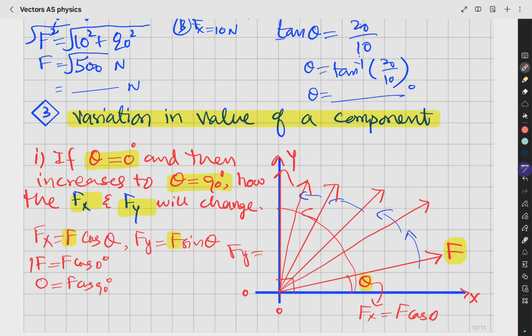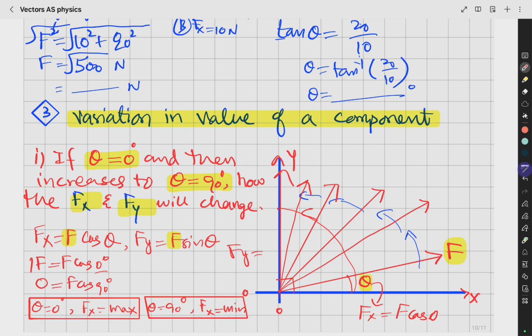It means that you can see from here that if the angle is 0, then Fx is maximum. But if the angle is 90 degrees, then Fx is minimum, which is 0. What about Fy?